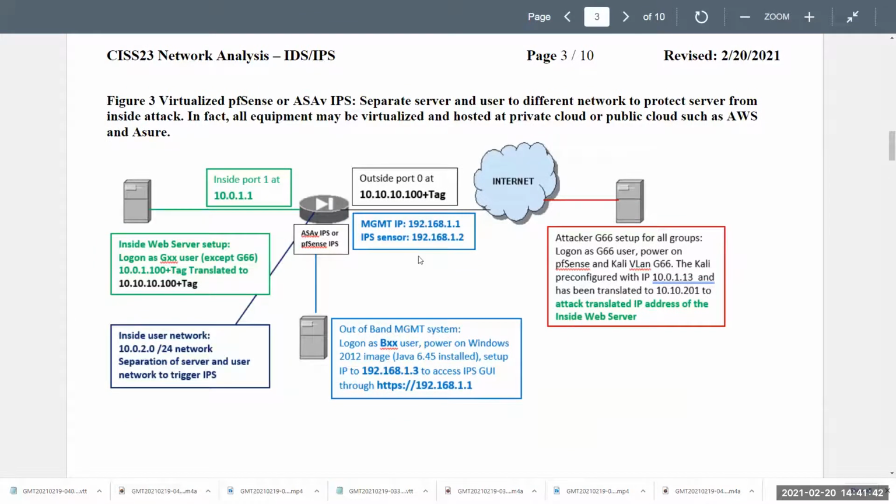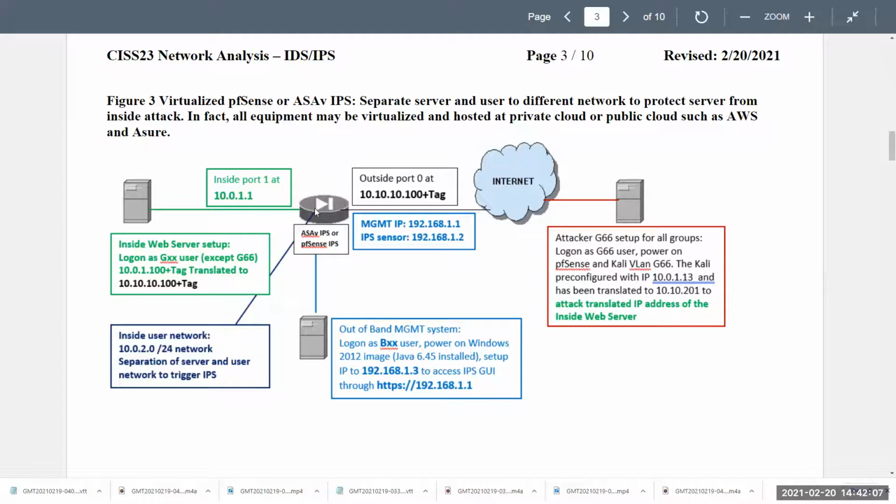In figure 3, we actually virtualize everything, and this is what we have done in the Mount classroom, and also in our remote Horizon client exercise, the lab environment, and we'll go into the detail later as the semester goes.